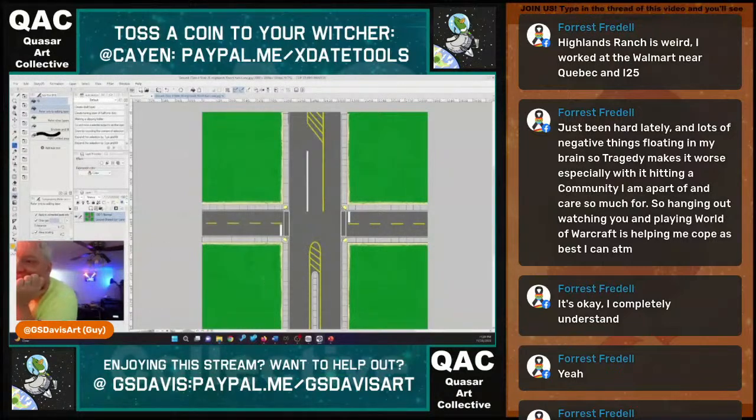Monument Drive and Ridge Line. Huh? Let's look that up. What, shall we? Let's look that up. I wonder if there's a better picture of it.